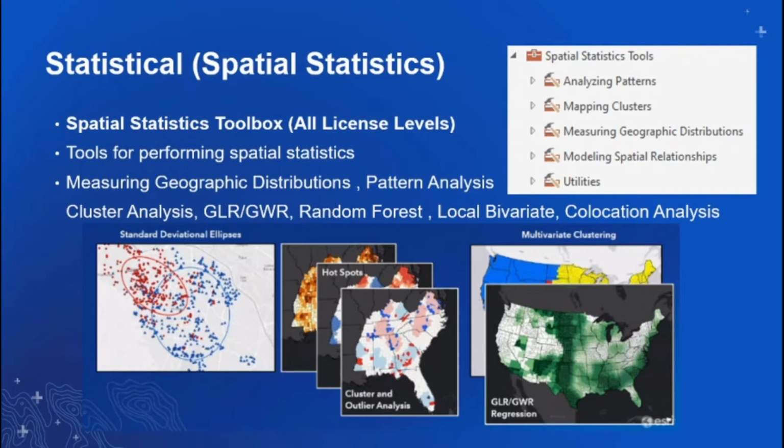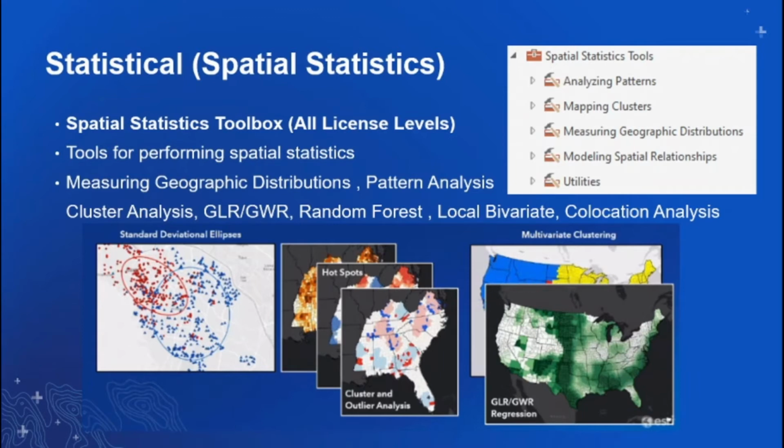Or also something like a cluster and outlier analysis, trying to find out where particular clusters of data can be found within a particular region. Or something like geographically weighted regression, finding out where, for example, in the diagram, the areas that are darker are where the relationship between the different independent variables and the variable being measured is stronger than in the places that are lighter.